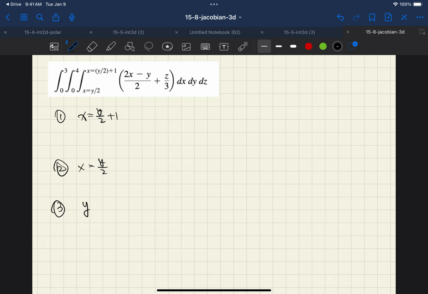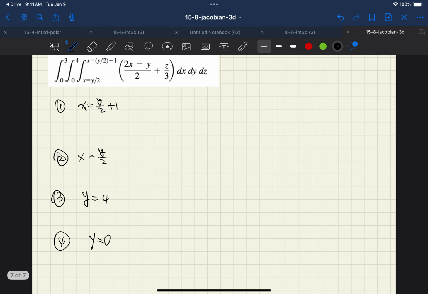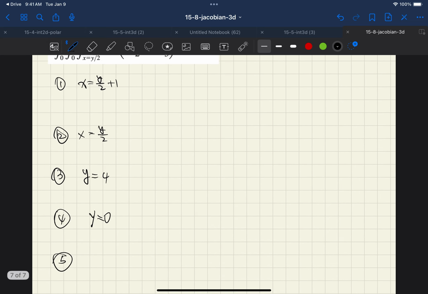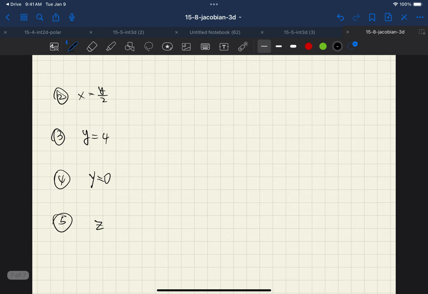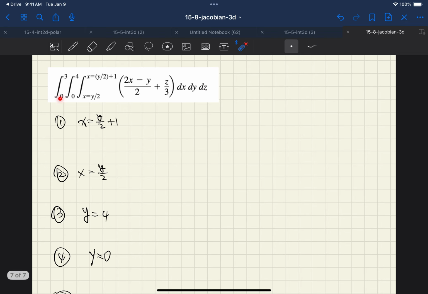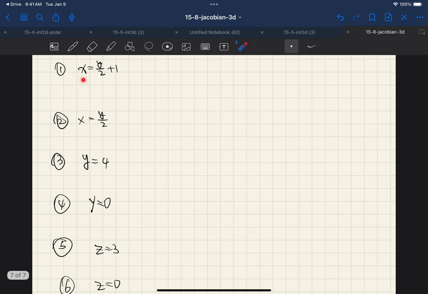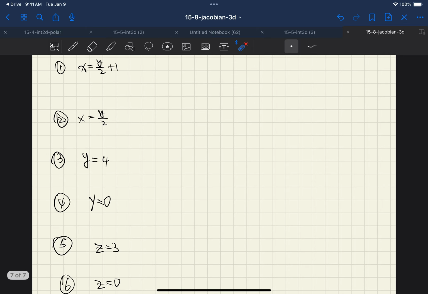So y equals 4. And again, here 0 means y equals 0. And 5, look at 3, which means z equals 3. So the upper bound of z is 3, which is a plane, right? And z equals 0 comes from its lower limit here. So there are 6, and each equation stands for a plane, and 6 planes enclose a region over which you are going to take the integral.